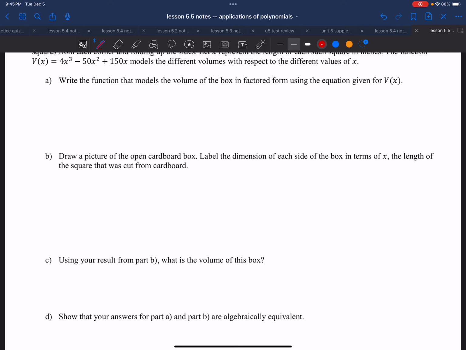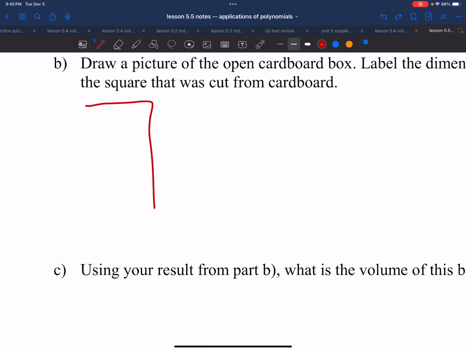So here's what you're doing. You're taking a rectangle. You are cutting out a square corner. I'm going to try and make this as square as possible so that the side lengths are all the same.